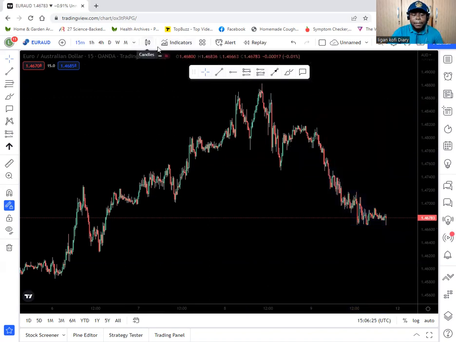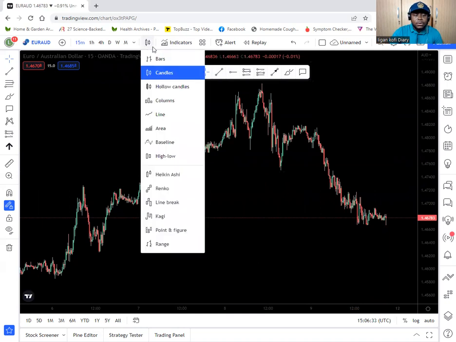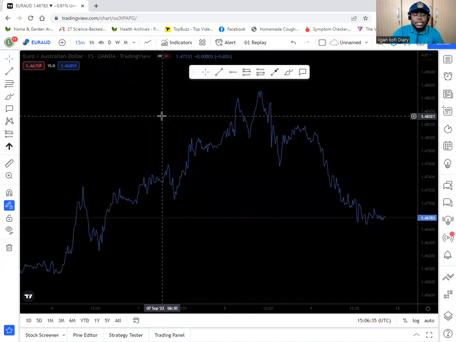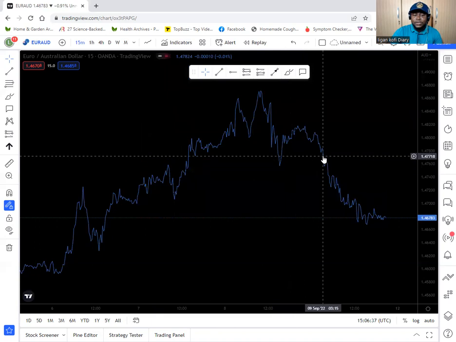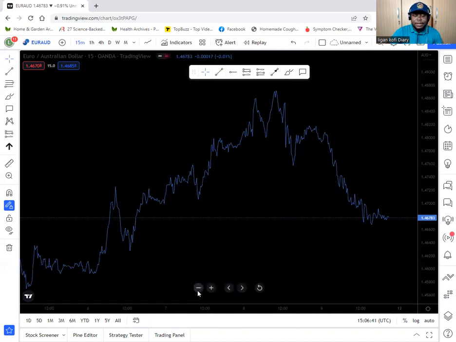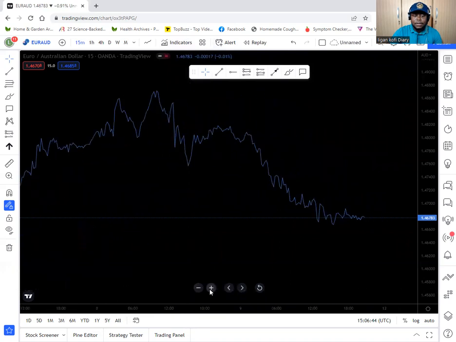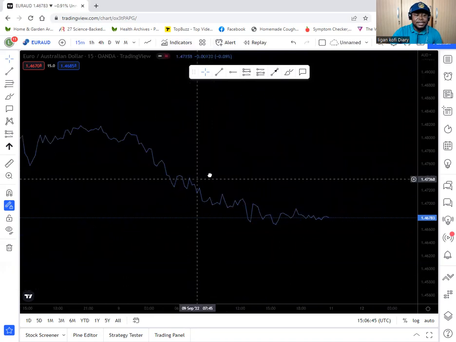Now, in case the impulse and correction thing is difficult to identify, there is also another way you can do it. You can put your chart on line chart, or linear. When you put your chart on linear, it will help you identify these impulses and corrections. This is the linear chart.